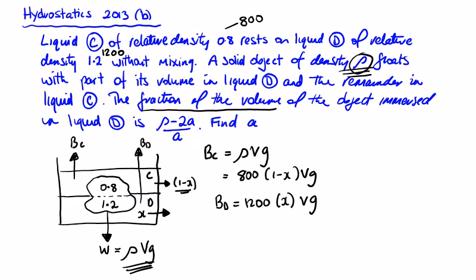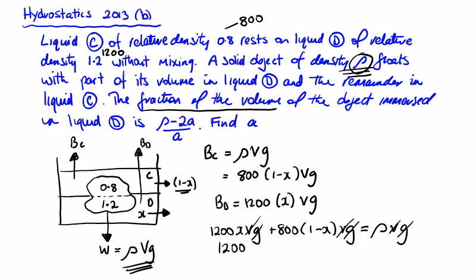So these two added together give 1200xVg plus 800(1 − x)Vg, and that will have to be equal to ρVg. The V's and the g's cancel, and we're left with 1200x plus 800 minus 800x equals ρ.